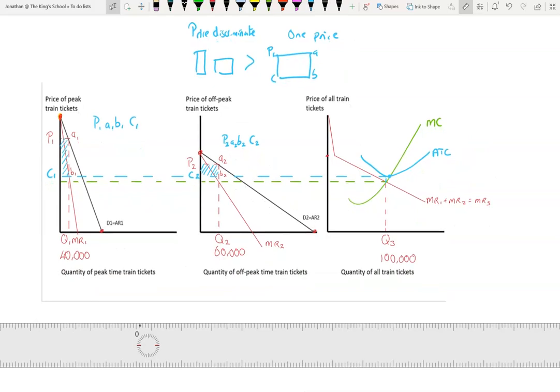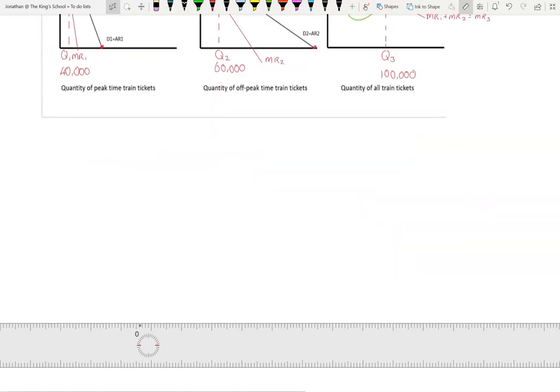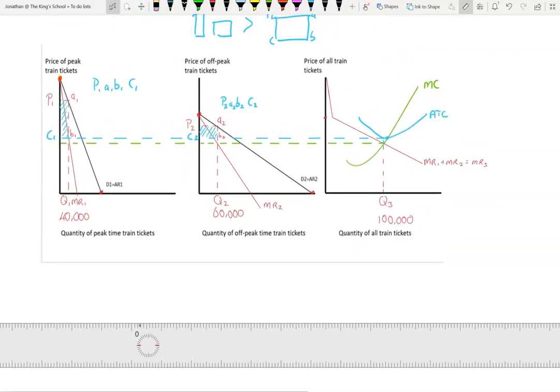Great. When you are talking about this, you would then want to go through the steps of what you'd want to do. Firstly, you'd make reference to the inelastic and elastic markets and why that would be. I would go through the conditions and say why that would be the case. I'll label this across.